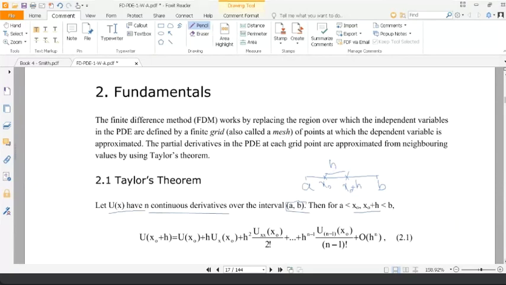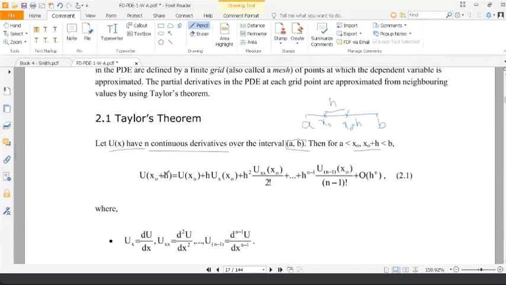Taylor's theorem says u of x0 plus h equals u of x0 plus h times the derivative of u with respect to x at x0, plus h squared u_xx of x0 over 2 factorial, plus up to h to the power n minus 1 times u^(n-1) of x0 over (n minus 1) factorial, plus O of h to the power n.